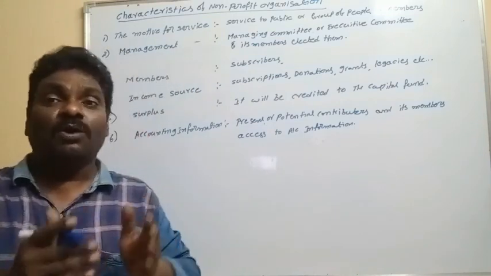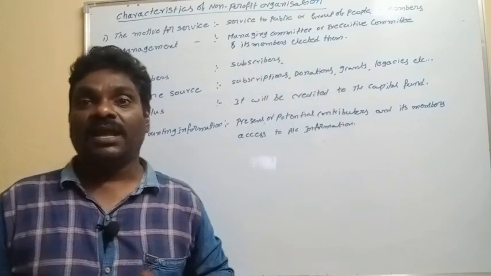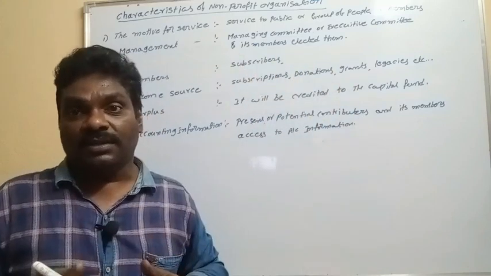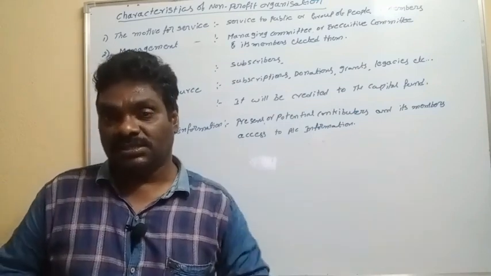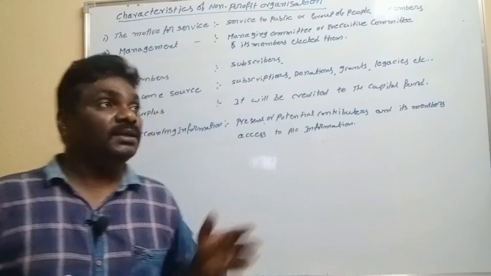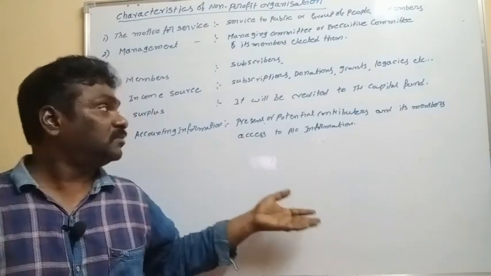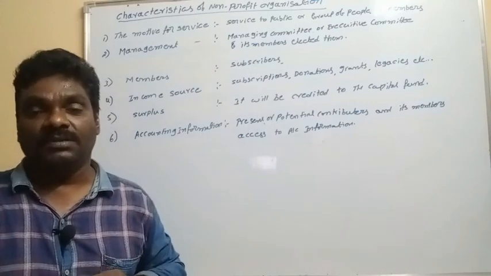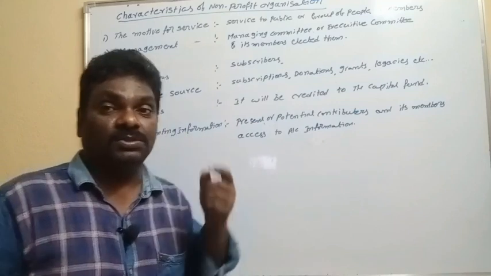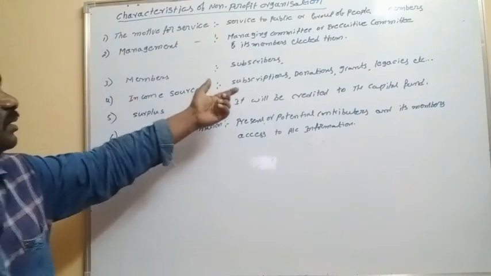Next one, income source. How does this organization get its income? A profit organization gets income from sales, but this organization provides a service and generates its income from other resources.